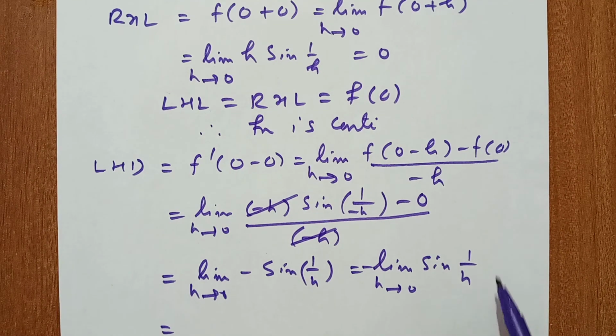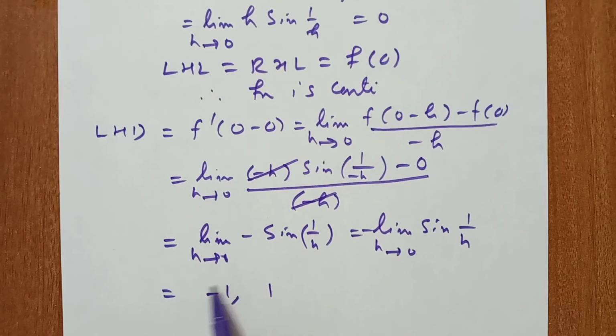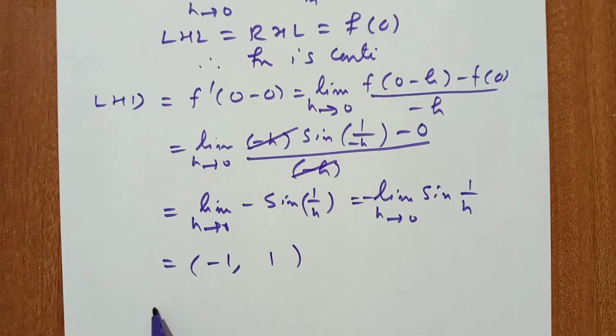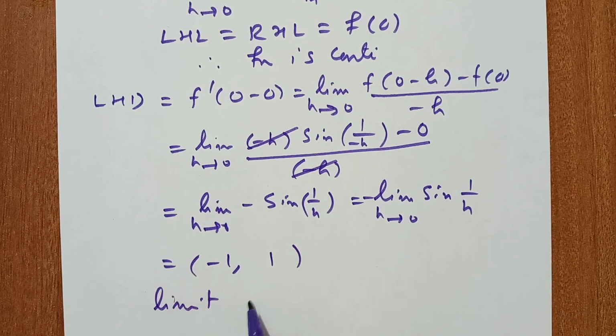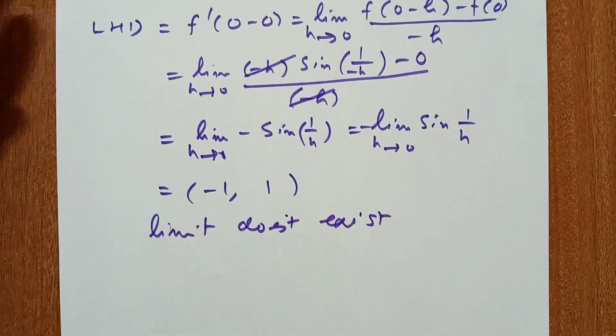It means the limit does not exist, because limit h tends to 0 of sin(1/0) lies between −1 and +1. Therefore the limit does not exist.